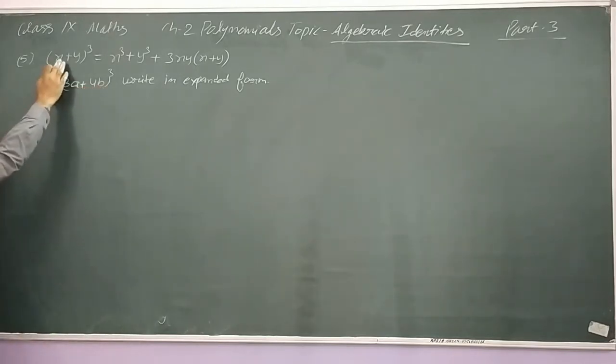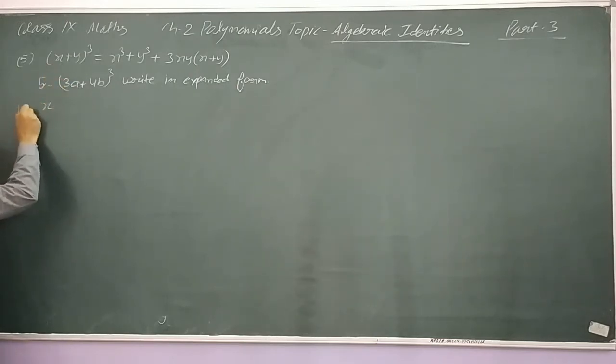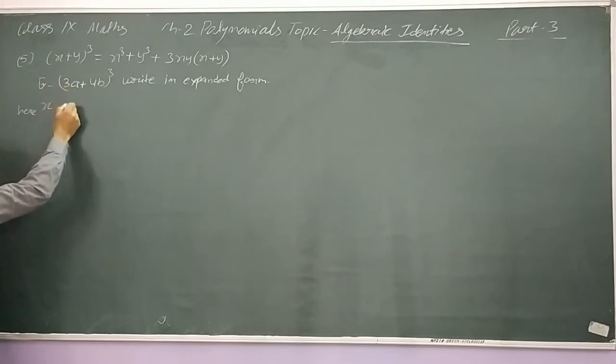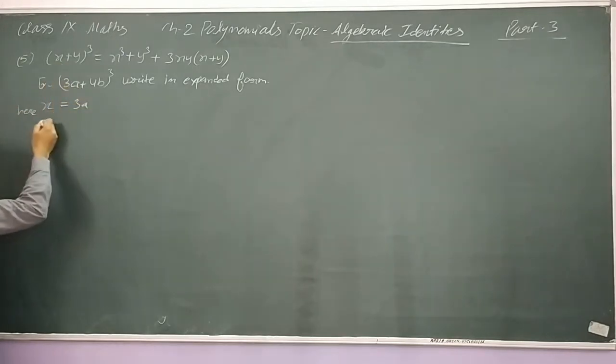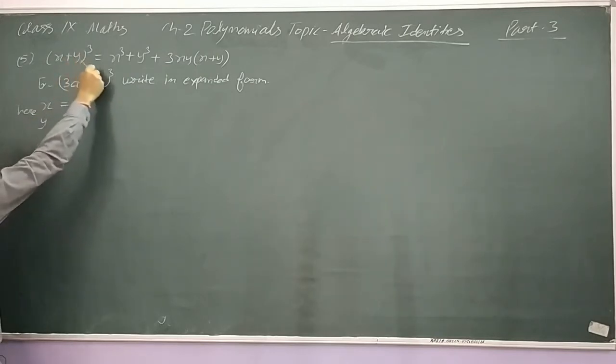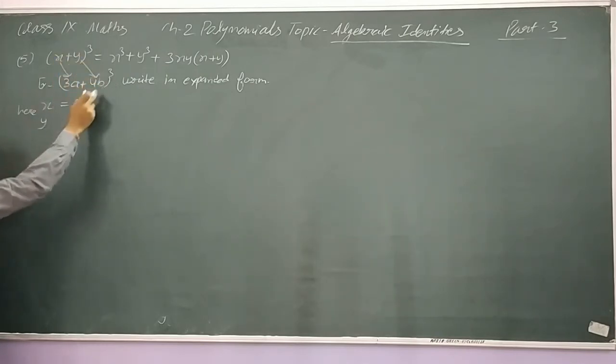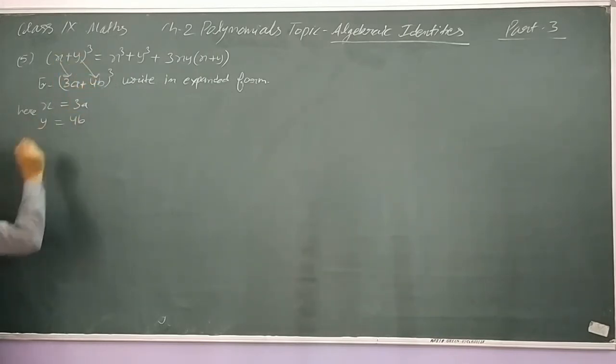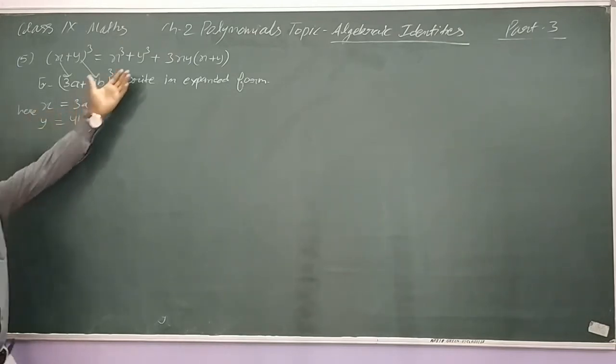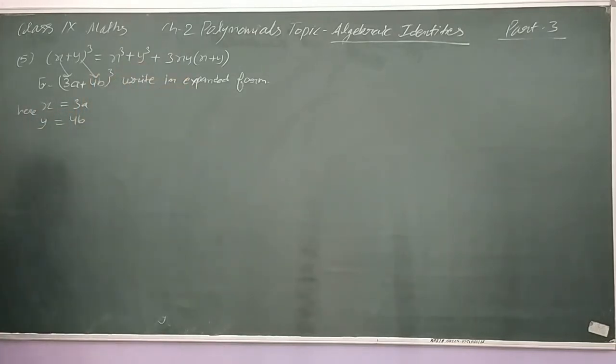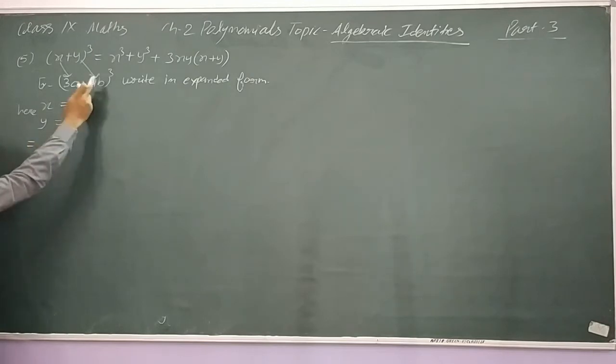So first we compare with the identity. By comparing, x is 3a. What is y? y is 4b. So we will convert it into the expanded form, equal to x³.